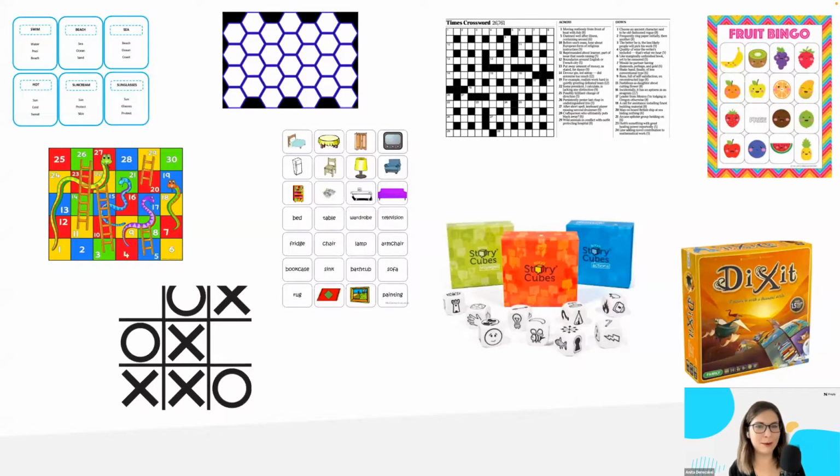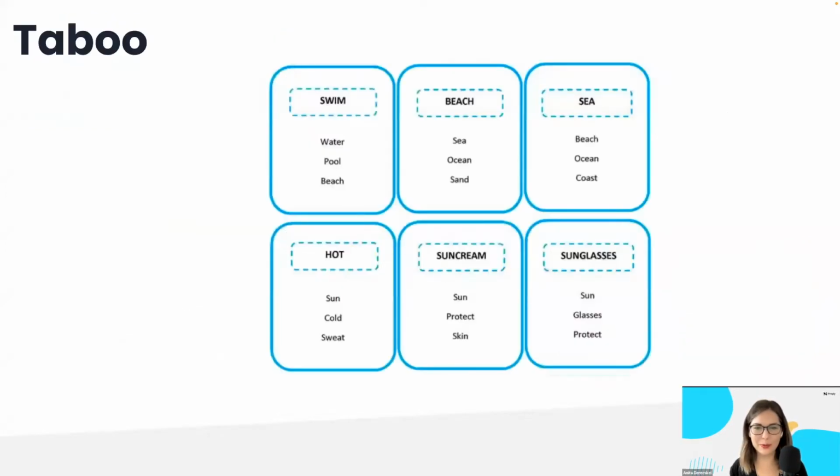So let's see how we could use them in classes. So the first one here was taboo, right? So this is a very easy game to play. Basically, what we have here is a word at the top of the card, and then a couple of taboo words that you shouldn't be saying when you're explaining the word. There are lots of ways you can play this game.